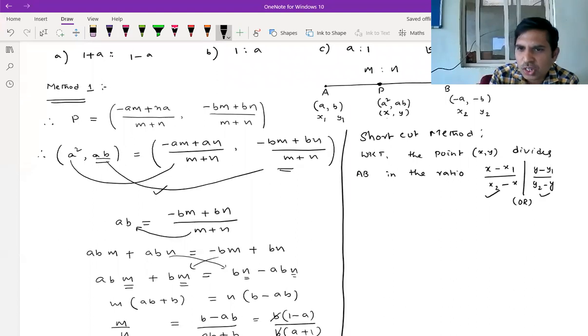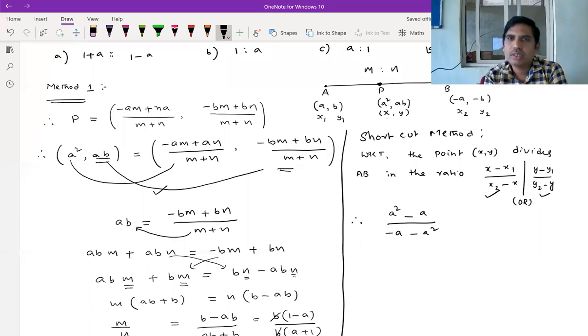So what is x minus x1? The x value is a square minus x1, where x1 is a, by x2, which is minus a, minus x, which is a square. See, one step only to the answer. What is common in the numerator? Take a common. What will we get? a minus 1.